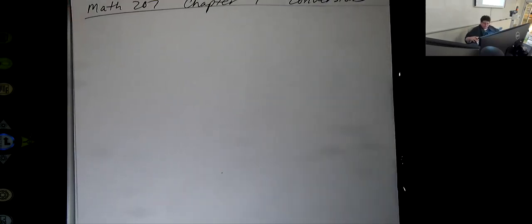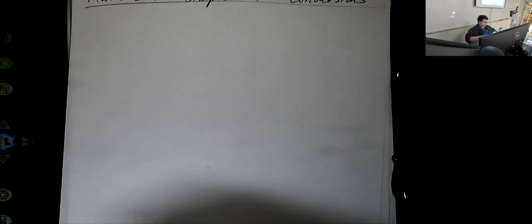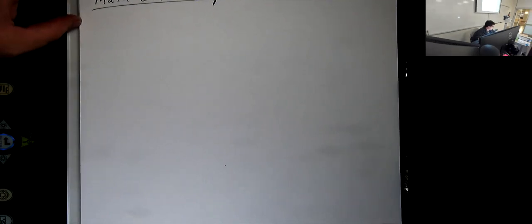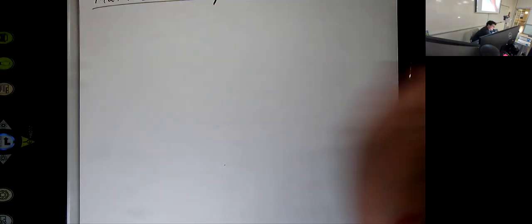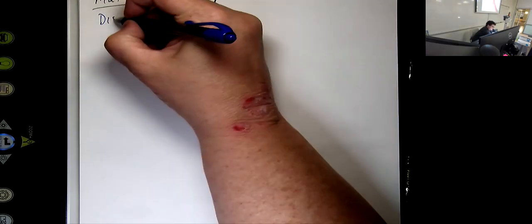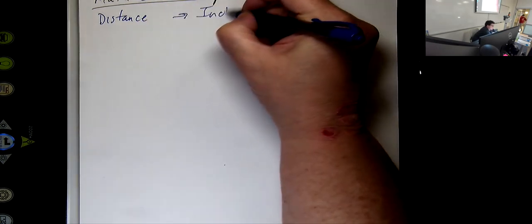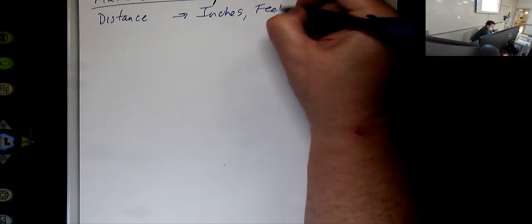How does a good conversion thing go? Let's start with distance. We were doing distance earlier. So like in America, we got inches, feet, miles.